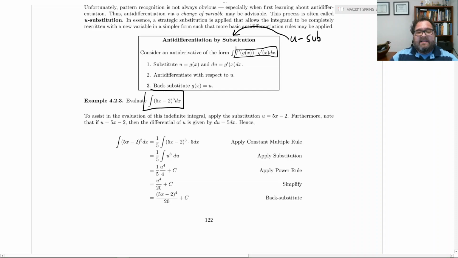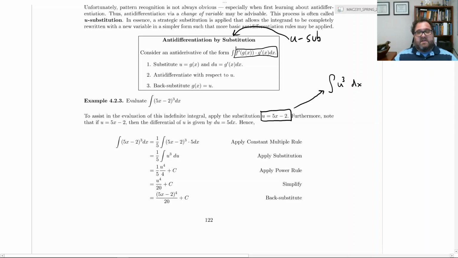What if we let the inside function be a new variable u? So let u equal the inside function, 5x minus 2. Then just by substitution, I can now work with the antiderivative of u cubed. That's what that implies, right? But here's the problem. I haven't substituted dx yet.